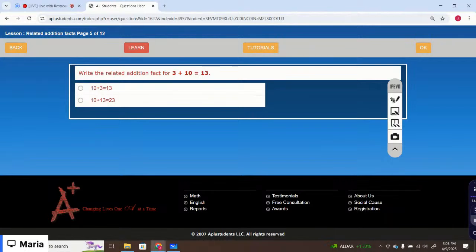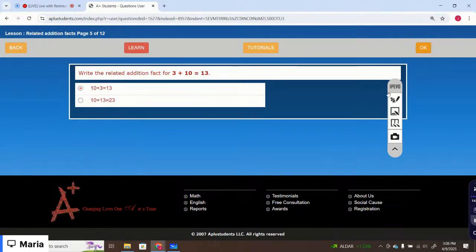Write the related addition fact for 3 plus 10 equals 13. That is 10 plus 3 equals 13.